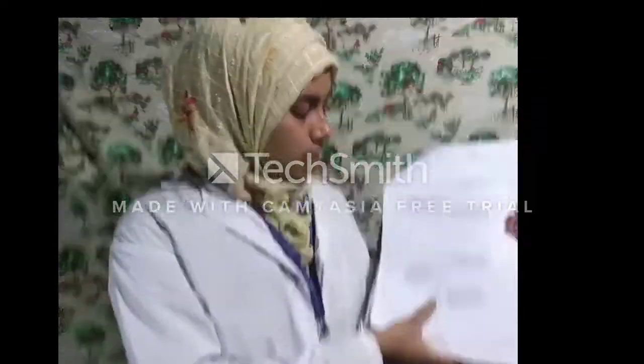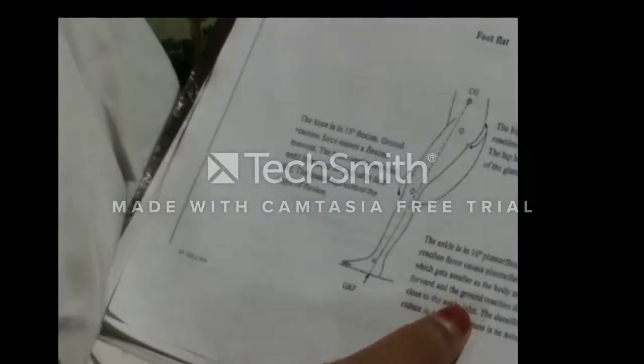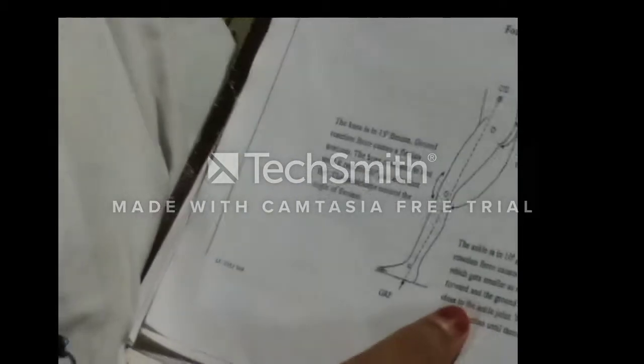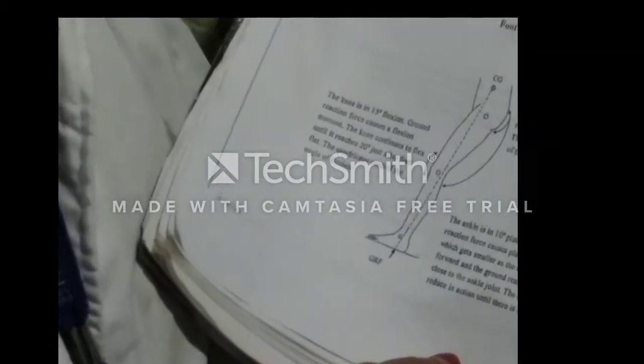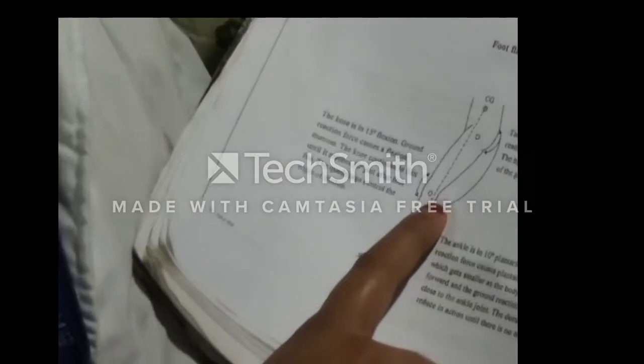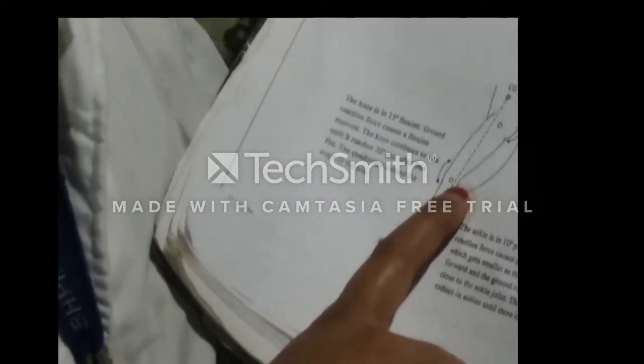In this loading response, the ground reaction force passes anterior to the hip joint. At that time flexion moment happens, and the hip extensors, gluteus maximus and hamstring muscle, contract eccentrically to control the hip flexion. In the knee joint, the ground reaction force passes posterior to the knee joint.